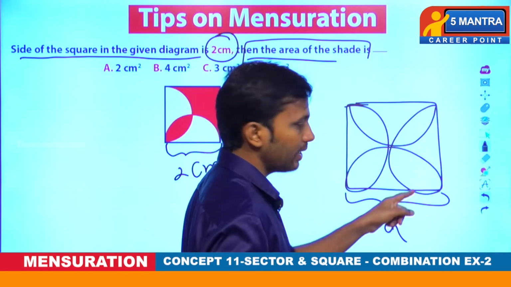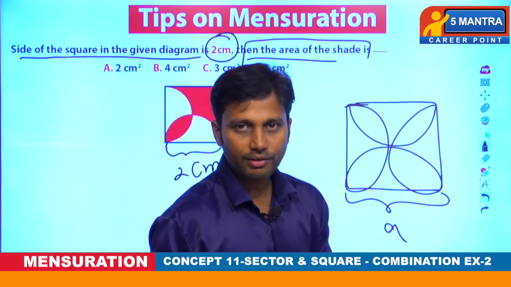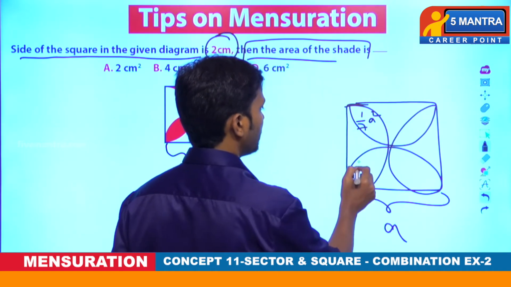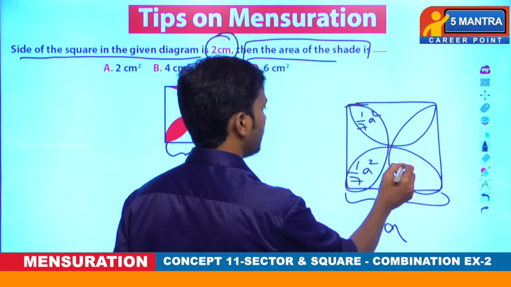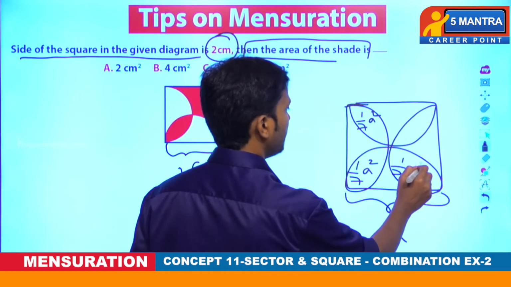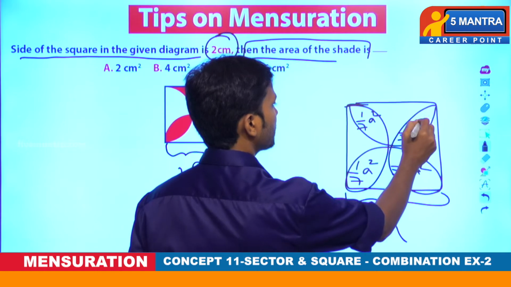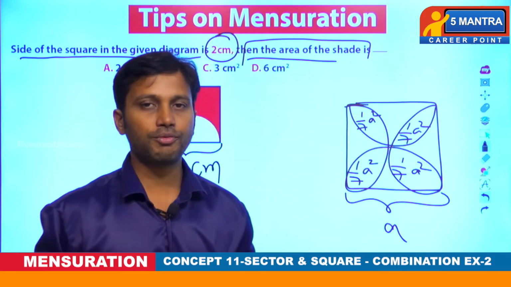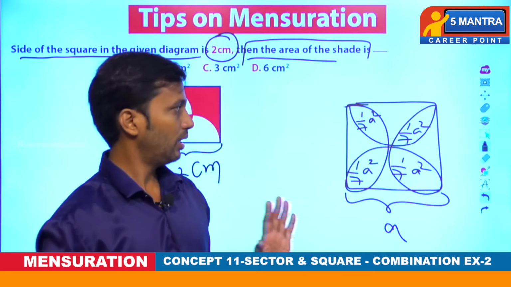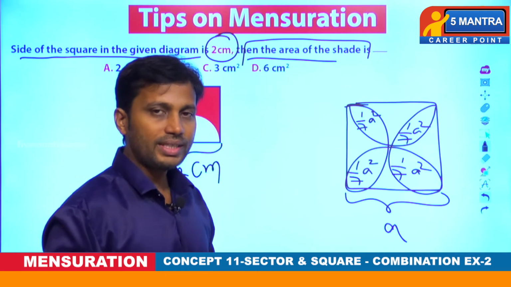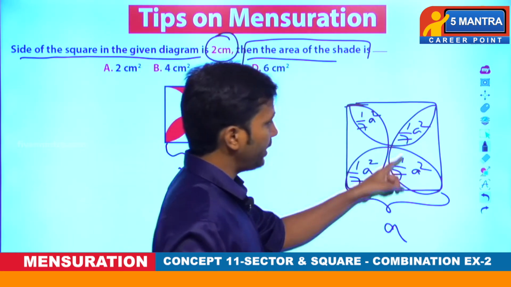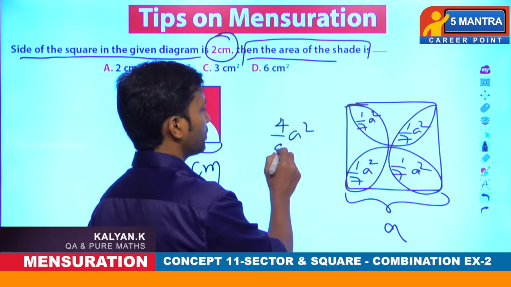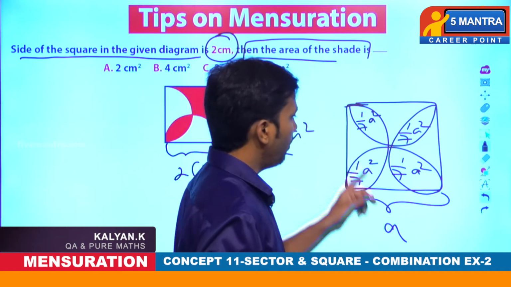Each petal carries equal area: this is 1 by 7 a square, this is 1 by 7 a square, and this is 1 by 7 a square, and this is 1 by 7 a square. Adding all of this, you get 1 by 7 a square 4 times, that is 4 by 7 a square. Now what is the rest portion?